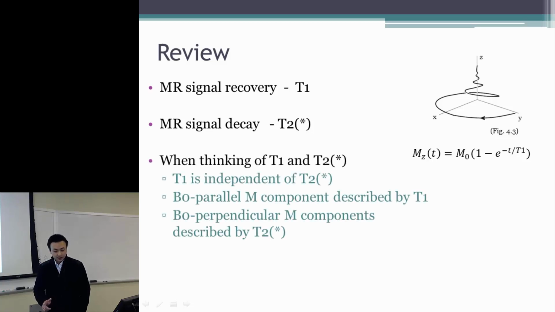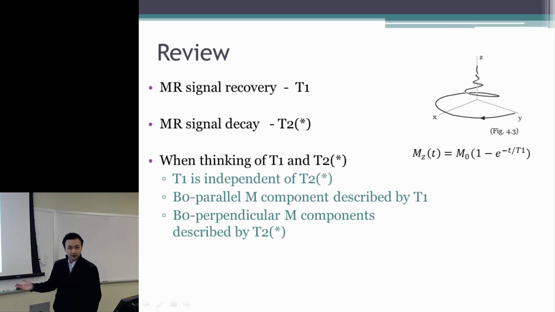Why is that? When we are thinking of T1 and T2 or T2 star, we need to understand the fact that T1 is actually independent of T2. There is no necessary correlation between the T1 value or the T2 value, or between the T1 recovery and the T2 decay, because their mechanisms are totally different.